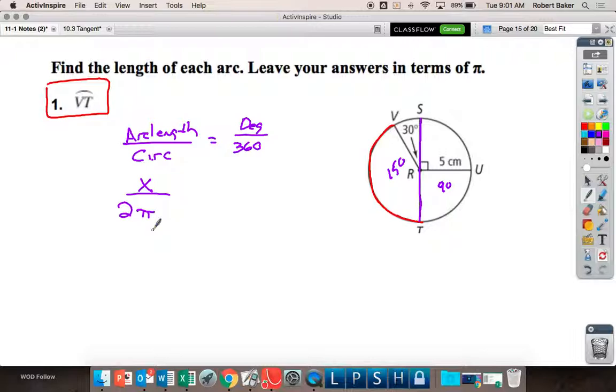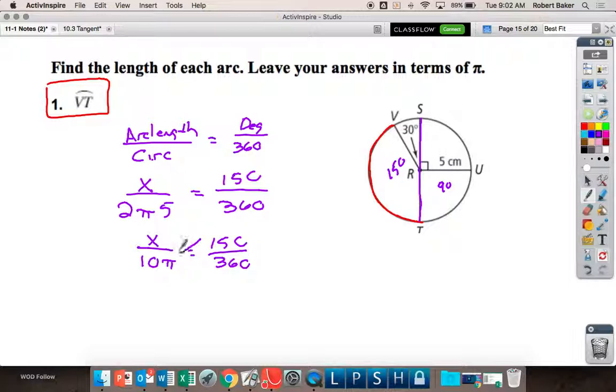And what's our radius in this circle? 5. So that's some unknown length over a length we do know, the circumference of the circle. And that should be equal to the number of degrees VT is. How many degrees is VT? 150. Over the total number of degrees in the circle. 360. So you can do one cleanup step. X over 10 pi equals 150 over 360.